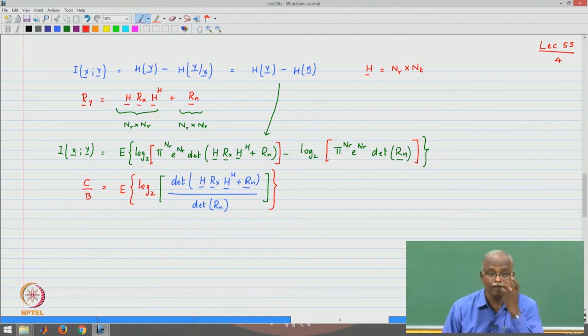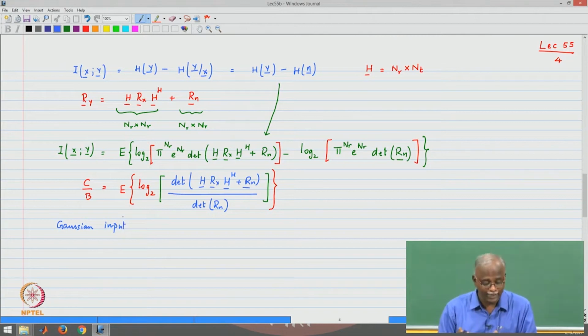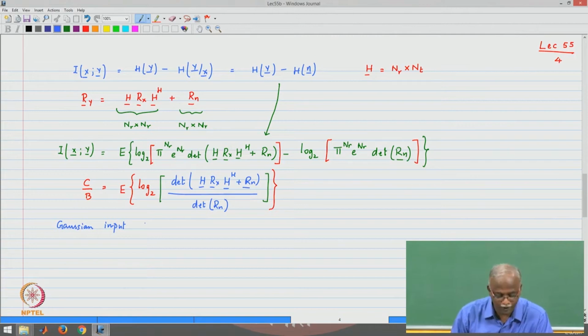Again, this is a very useful result, a very powerful result that we now have. Now, if we go back and make the Gaussian assumption about the input, so if we assume that the input is a Gaussian source where the vector components are independent, then we can write down the following value. So, x is an nt cross 1 vector, as nt transmit antennas are there.